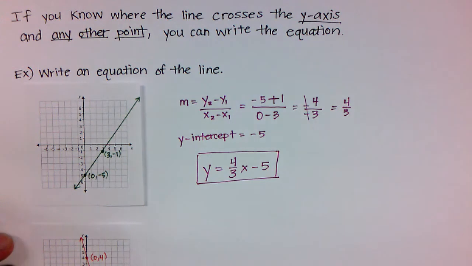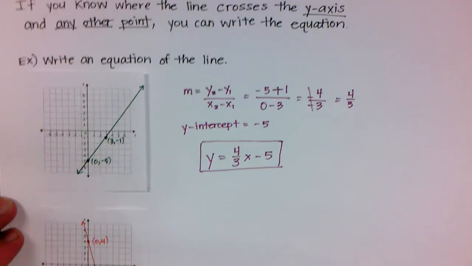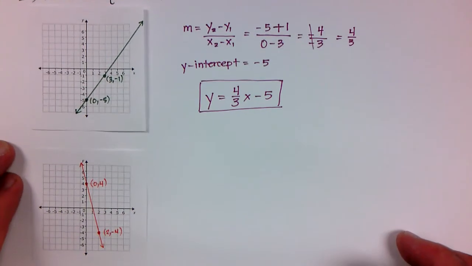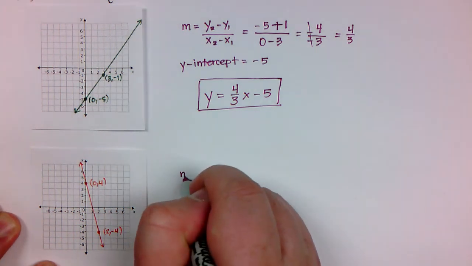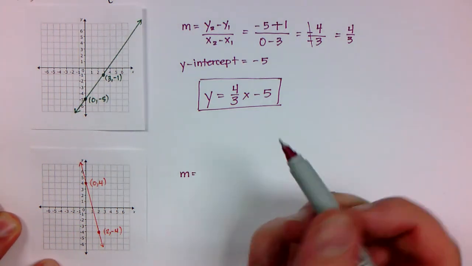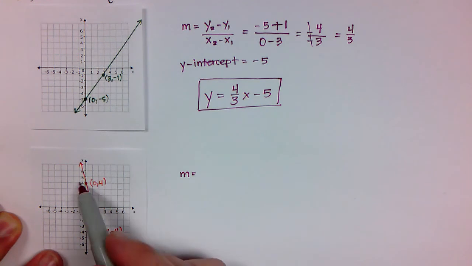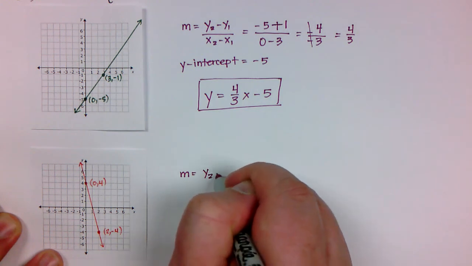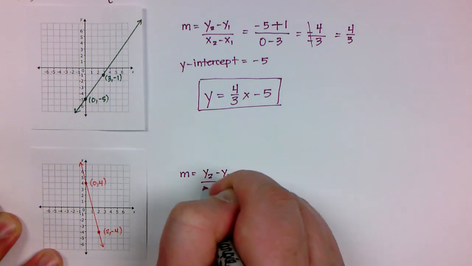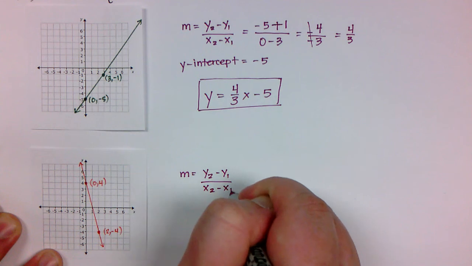Let's do one more just like this. Move this up for you. So let's write an equation that matches this graph. So again, let's calculate the slope. And this time the 2 points that I'm given are (0, 4), and also (2, -4). So I'm going to find the y2 minus y1 divided by the x2 minus x1.